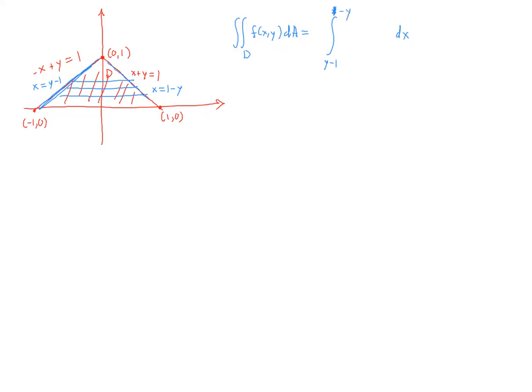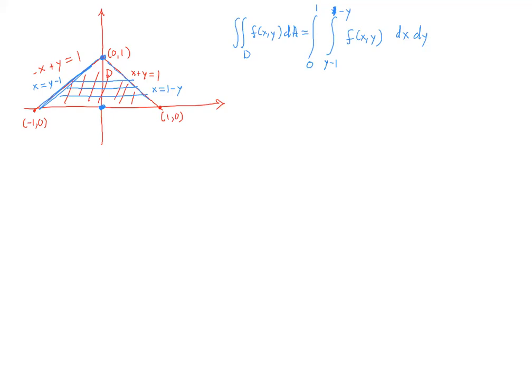And the vertical range of all these integrations is from 0 to 1. So you would have dy from 0 to 1. Of course, you have your integrand here. And that's how we represent our integral as an iterated integral.